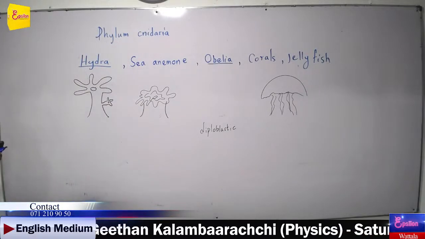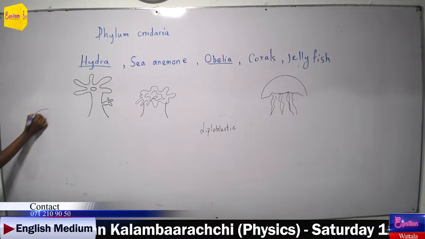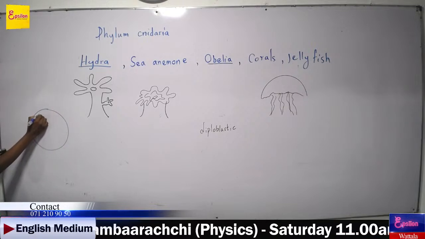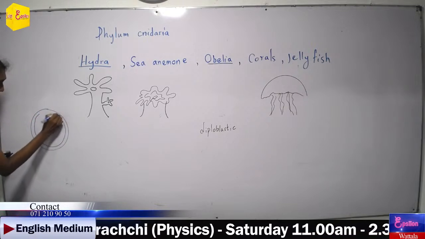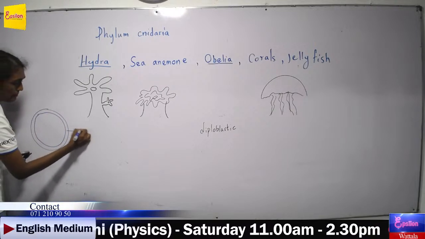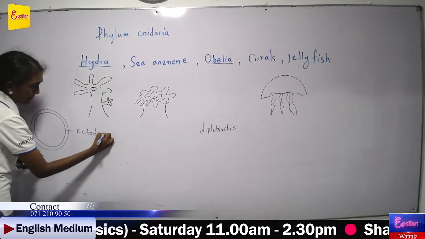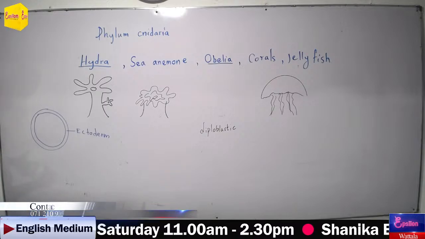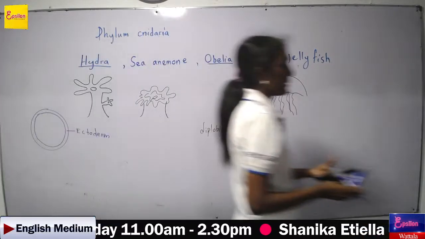These animals are having two body layers. This outermost layer, we call it the ectoderm. And inside it, they have another layer.